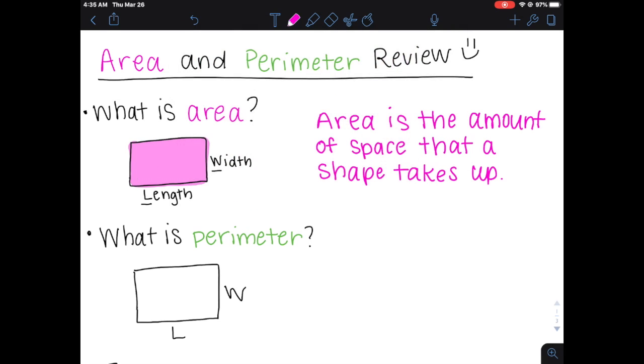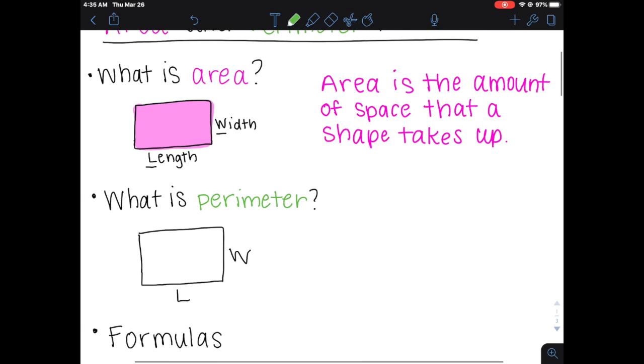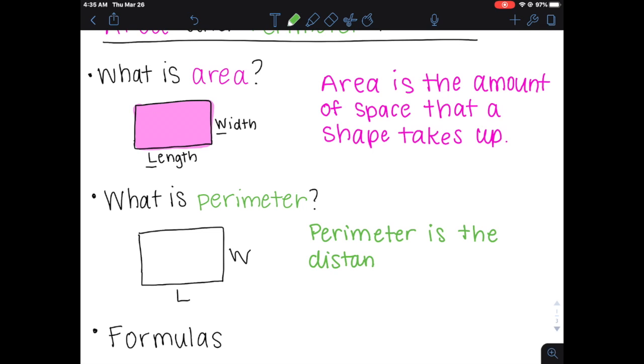All right, let's do perimeter. So what is perimeter? So perimeter is the distance around a shape.